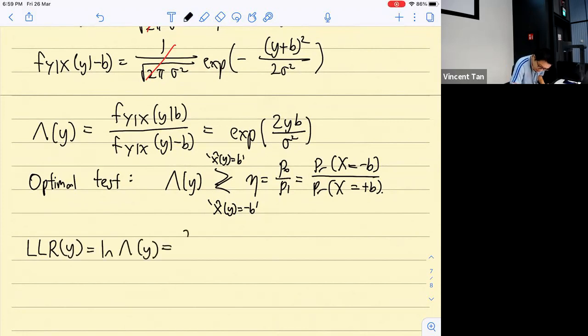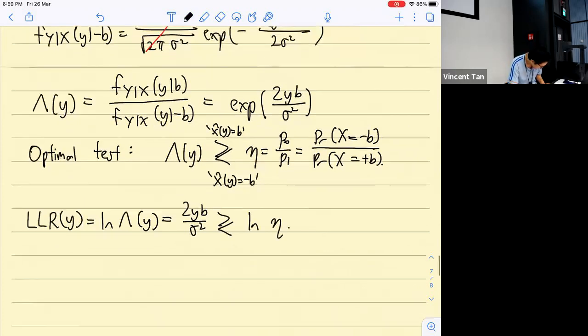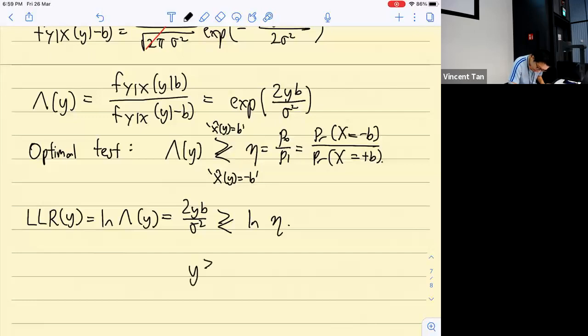So we recover 2yb over sigma squared, and we are going to compare that to ln eta. We just take the log everywhere. And we see that the optimal decision is to compare y to sigma squared ln eta over 2b. And we take the positive decision on top: x hat of y is equal to b.